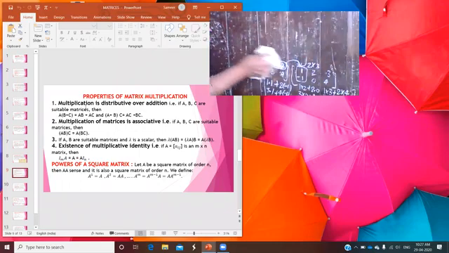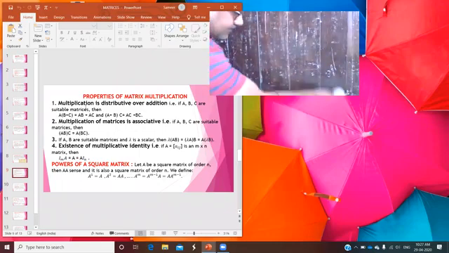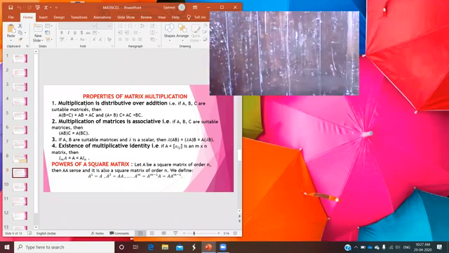When I see the students' notebooks, some students who are not careful just square the elements of the matrix when A square is given. That is not correct.